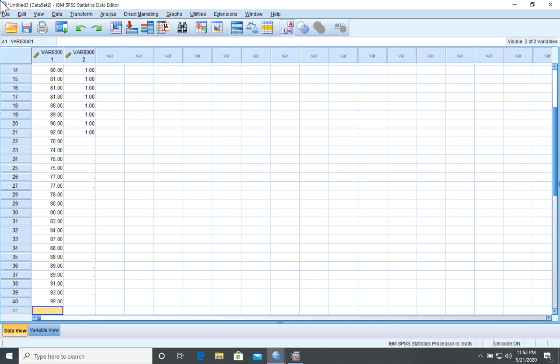Okay, now this one is the second group, so I'm going to label this with 2s. You can use any numbers you wish. Okay, now we did the labeling.